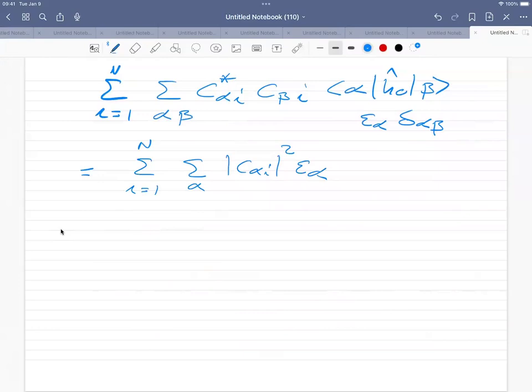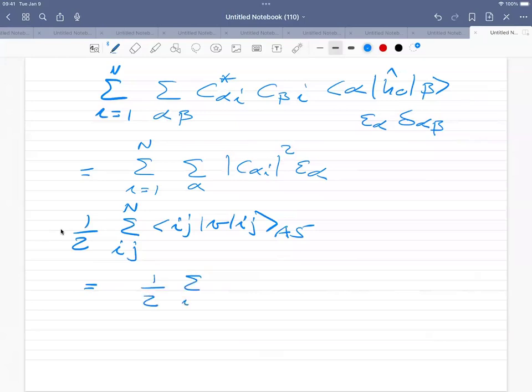Then we can take the next term, which is this one. So we have psi alpha j, and then we have this integral ij, vij, and this is anti-symmetrized. And this loops over all the states which are filled by one particle. Now we can rewrite this one as 1/2, with a sum over ij up to n.